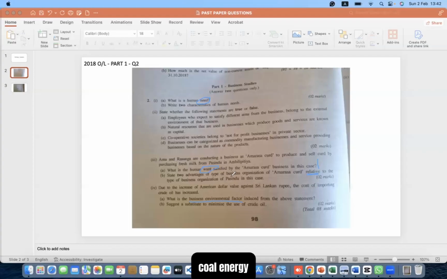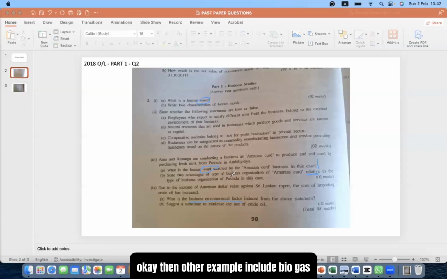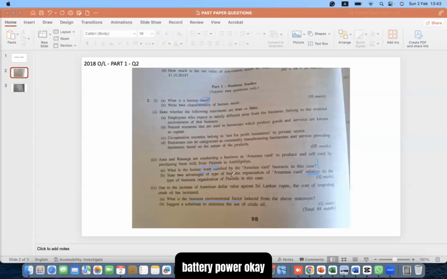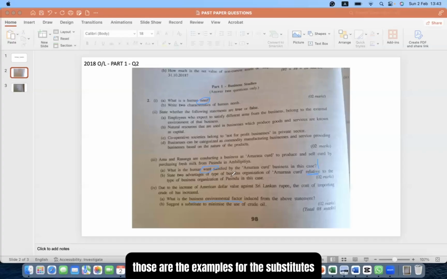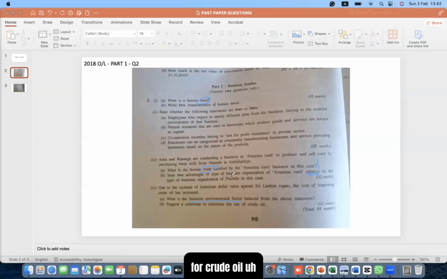Then coal energy. Okay. Then other examples include biogas. Okay. Wind energy. And battery power. Okay. Those are the examples for the substitutes for crude oil. Solar power, biogas, LP gas, coal, battery power, wind power, likewise.